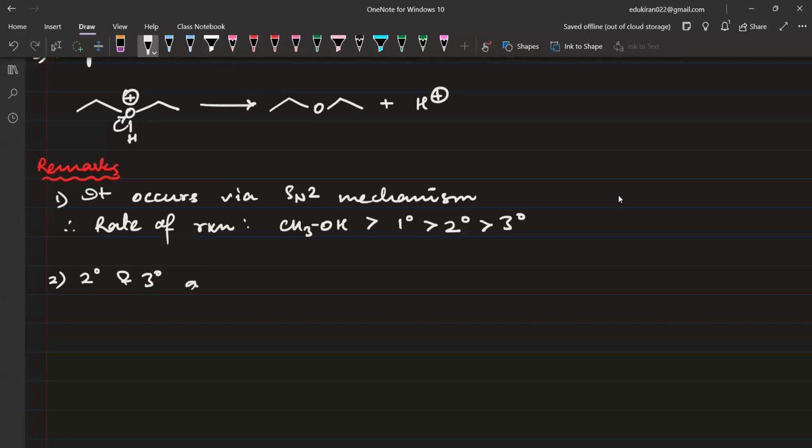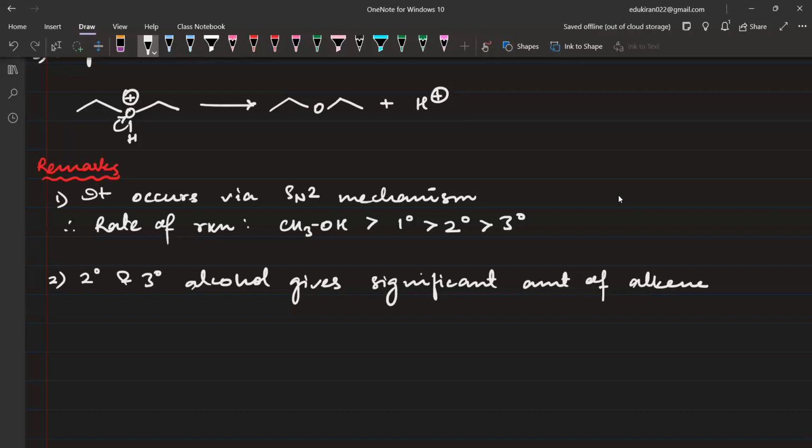Now, 2 degree and 3 degree when we use, please write the second point: 2 degree and 3 degree alcohol gives significant amount of alkene with ether, as they are more hindered.